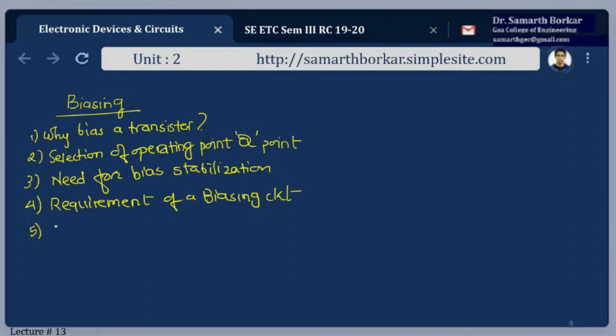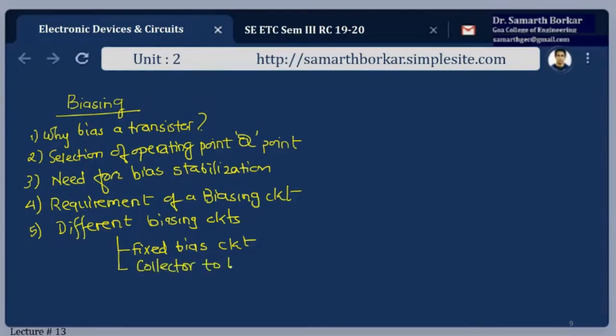Then which are the different biasing circuits? The different biasing circuits are fixed bias circuit, then there's another collector to base bias, then we have self bias or emitter bias.